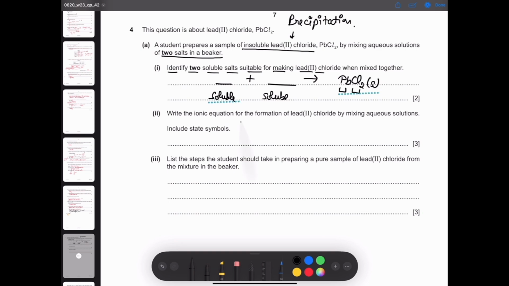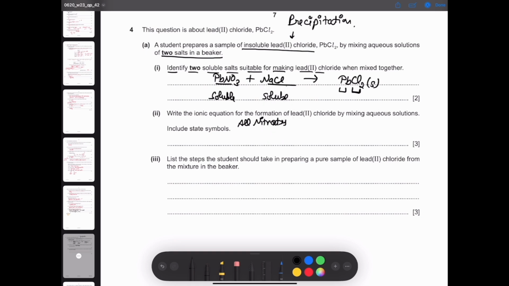And one tip for all of you, that all nitrates are soluble. So you can pick lead nitrate. So we got the lead part. Now how do we get the chloride part? Which chloride is soluble? You have to remember the salt solubility rules. Sodium chloride is soluble.